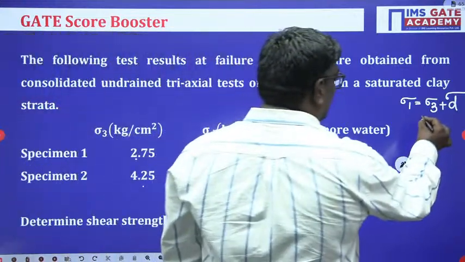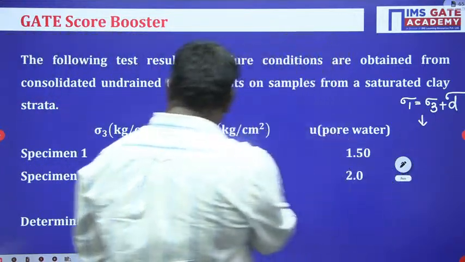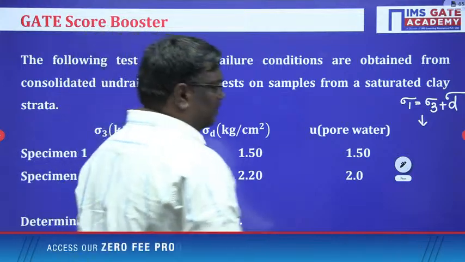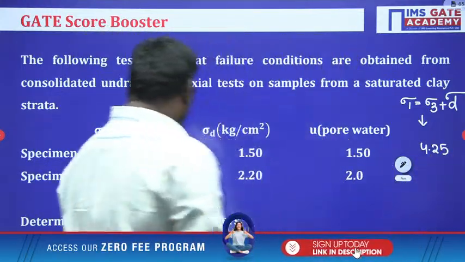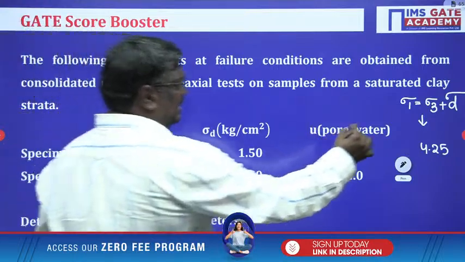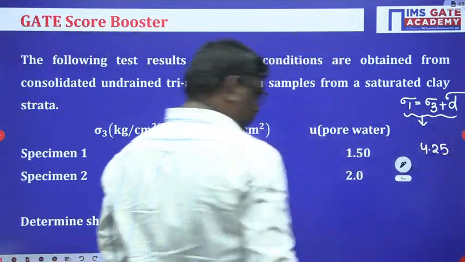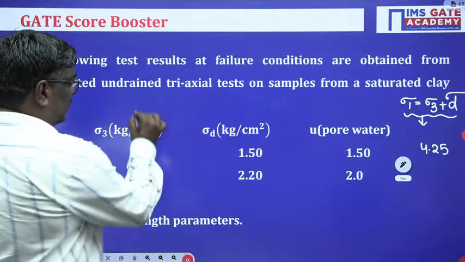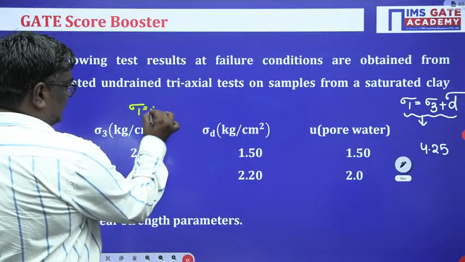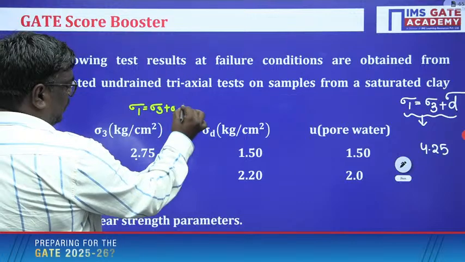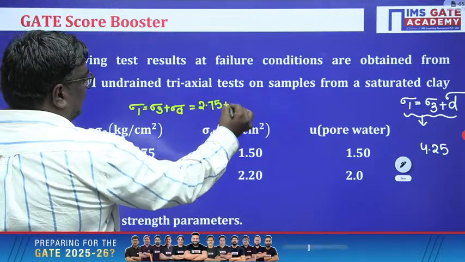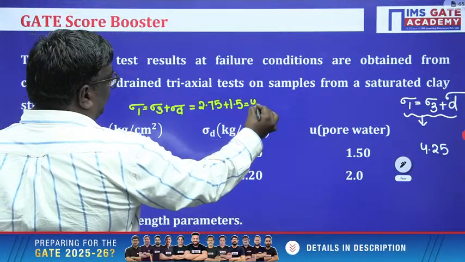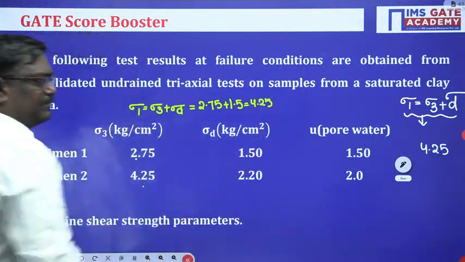If you don't take the water table, how much is it? Sigma 3 plus sigma d, that is 2.75 plus 1.5, which is equal to 4.25 kg per centimeter square.